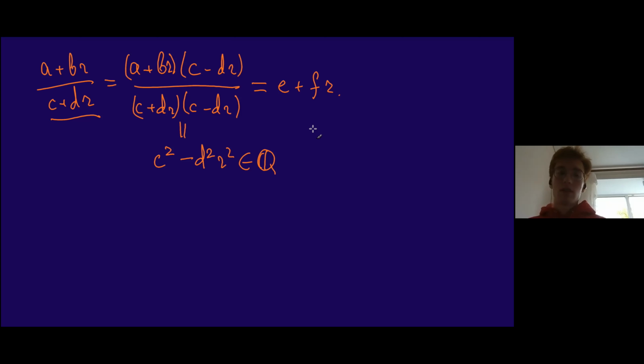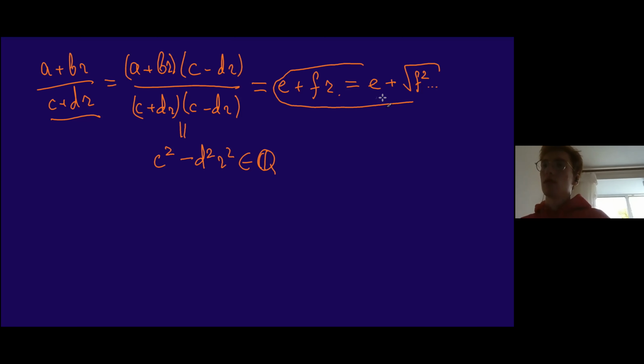Okay. Then we have proven this problem, because if we take the last result, then it is equal to e plus or minus f times the square root of the number which was in the definition of r.